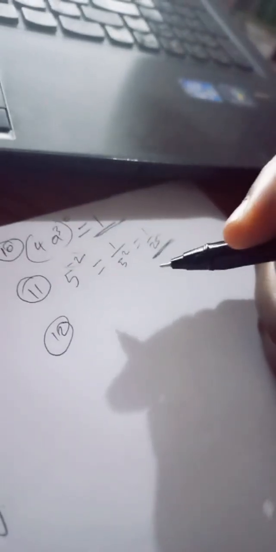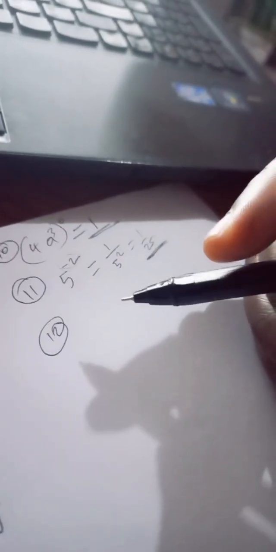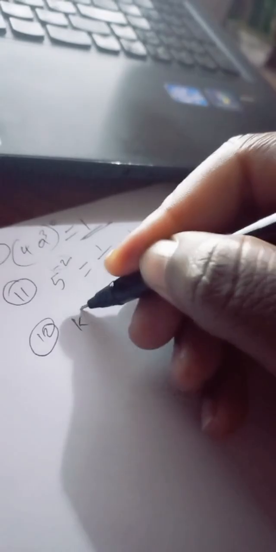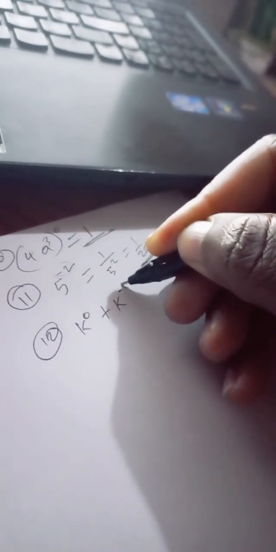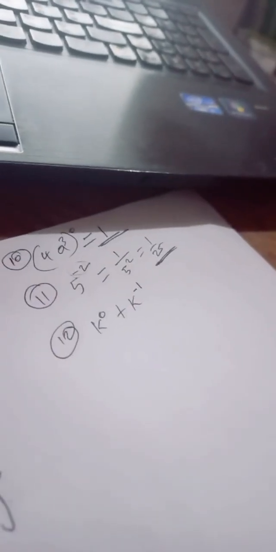Let's say you are given k to the power of 0 plus k to the power of negative 1. This one is a little bit tough. This is now maybe grade 10, grade 9.